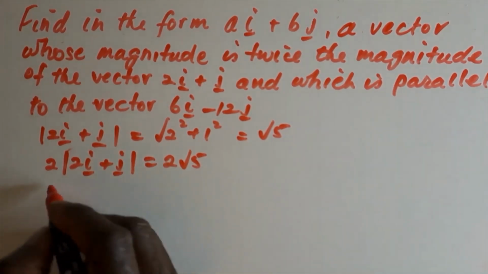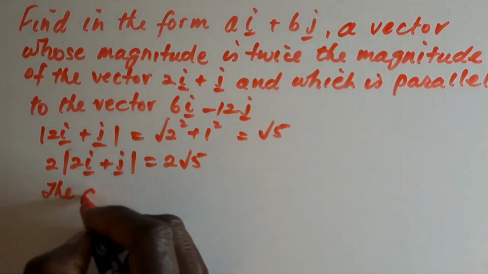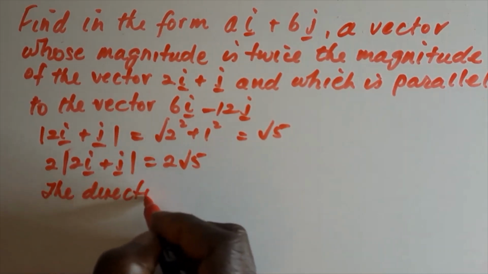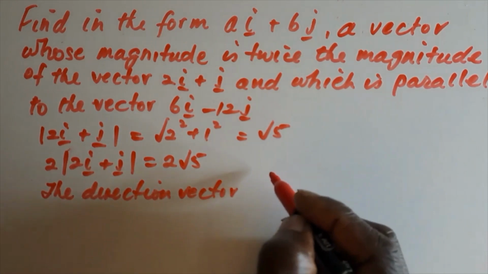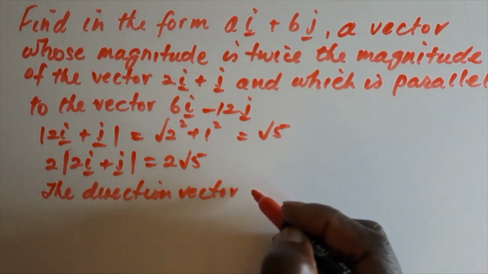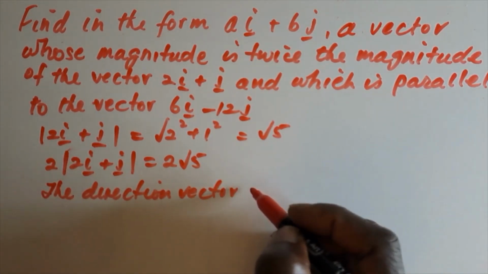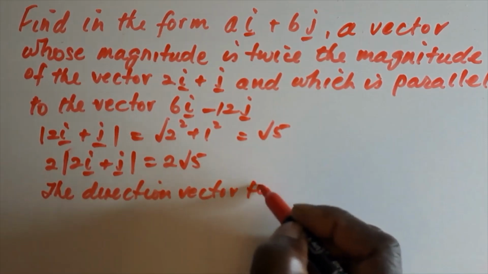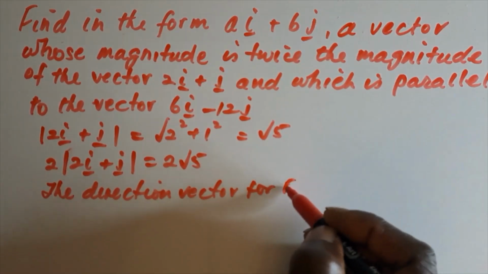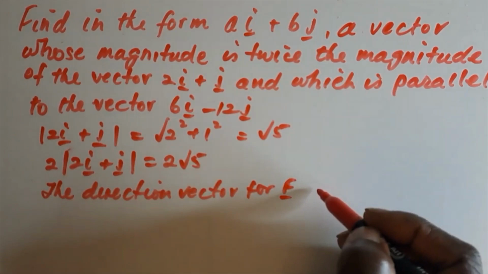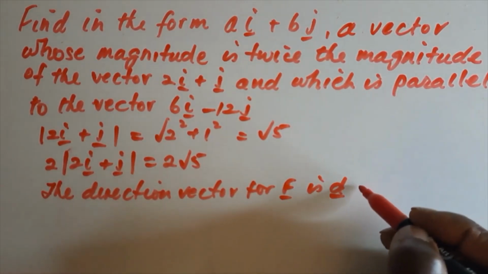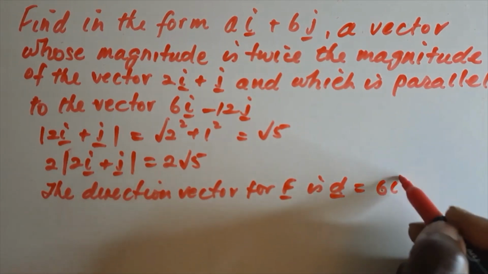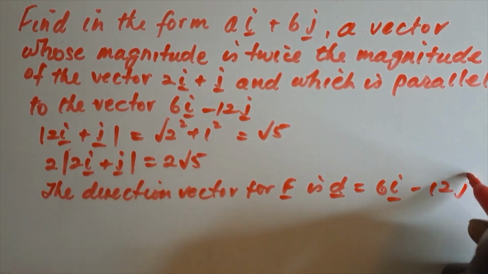The direction vector, we'll call it F. So force, we'll call it a force, is D, which we're given as 6i minus 12j.